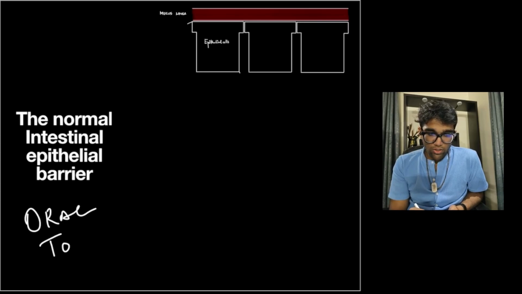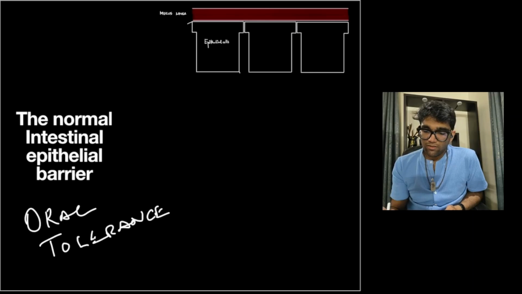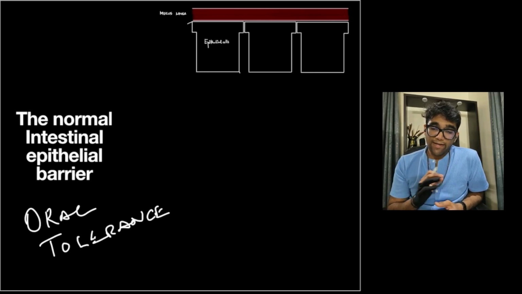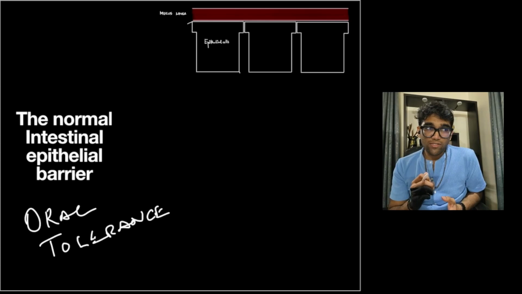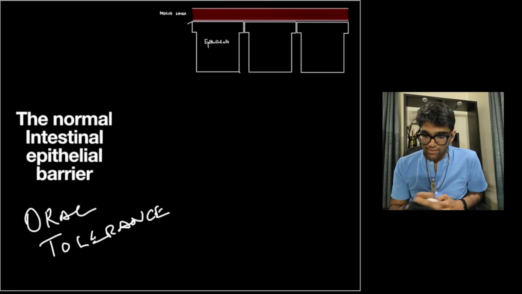And oral tolerance is a rather interesting physiological mechanism that needs explanation, as in how is the immune system being controlled from reacting to these external antigens. So let's see how that happens.